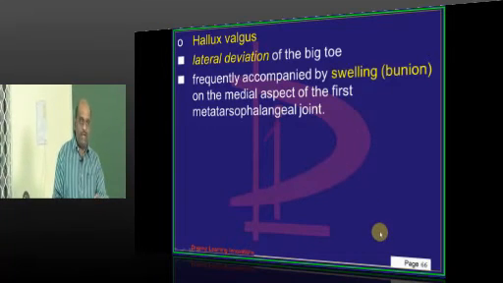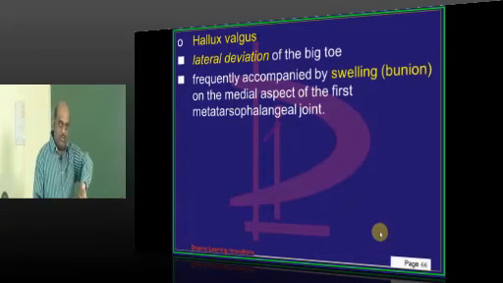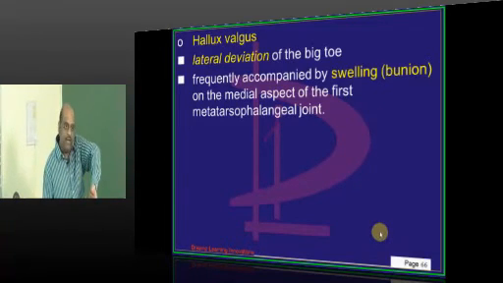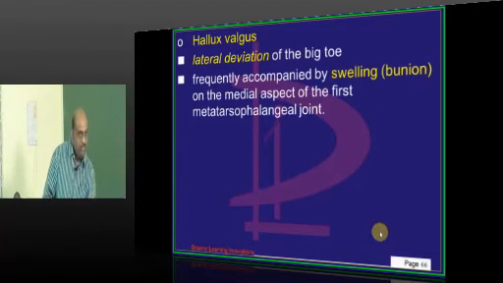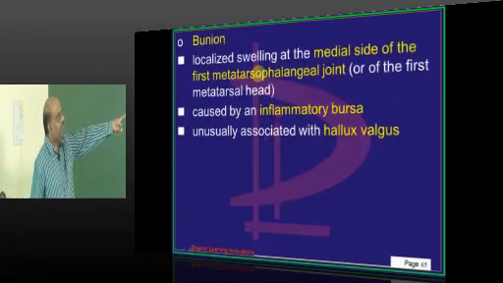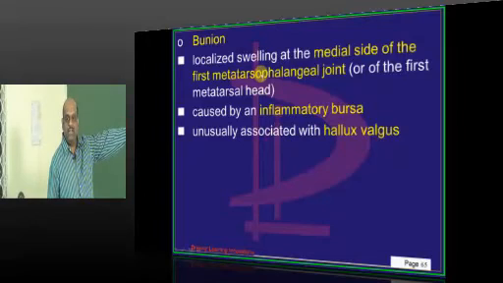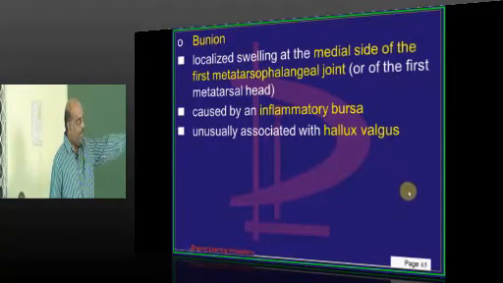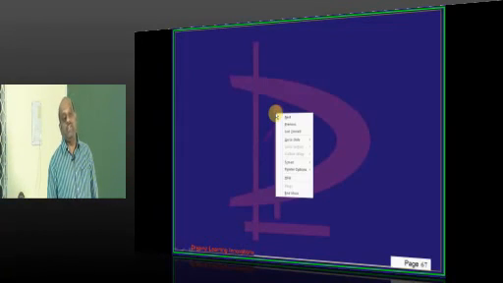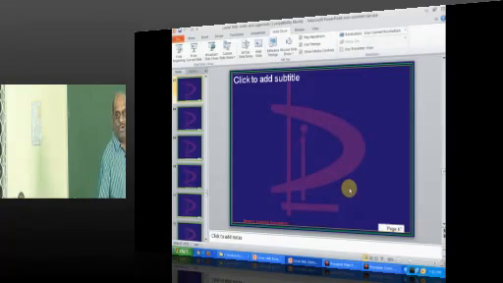The big toe, if you take, the lateral deviation of the big toe is called hallux valgus, and that lateral deviation will lead to bursitis on the medial aspect of the first metatarsophalangeal joint. Hence, bunion and hallux valgus, both of them are associated with each other. Anyway, these all things we will discuss in more detail in orthopedics.